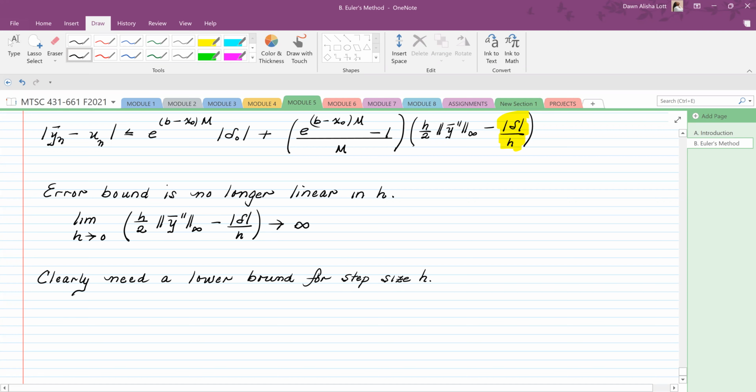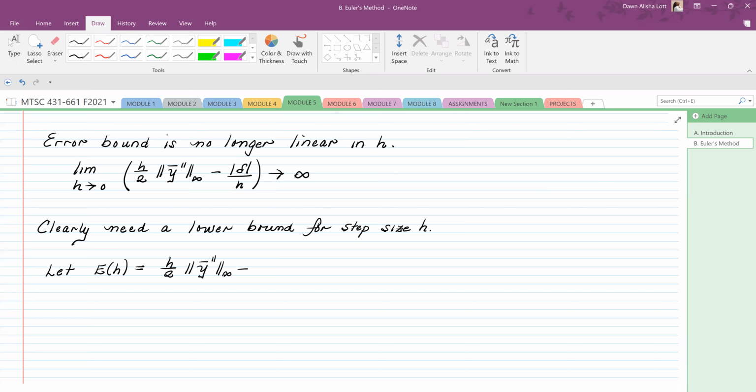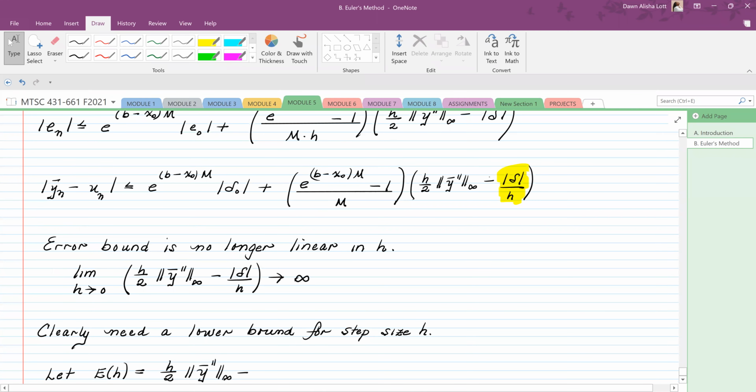So we want to figure out how to do that. We want to let E of h be h over 2, the infinity norm of y bar double prime, minus, why somewhere I have a minus and there should be a plus. This should have changed to a plus.